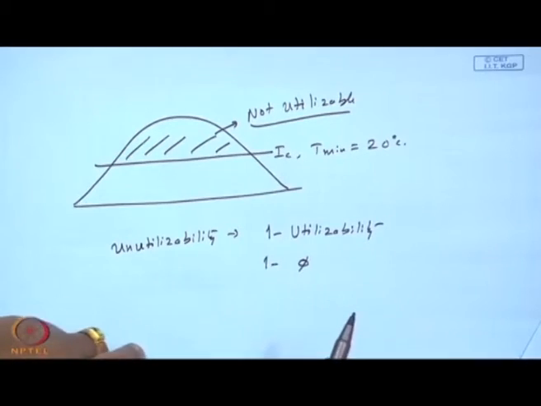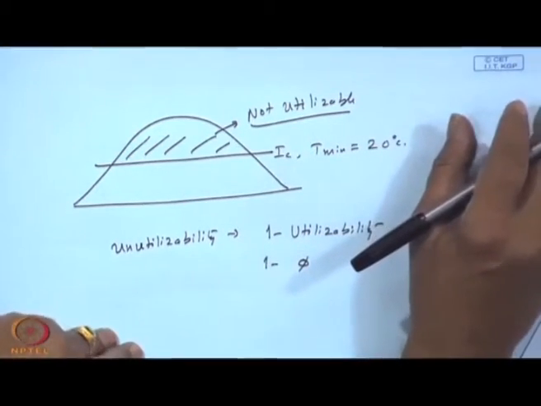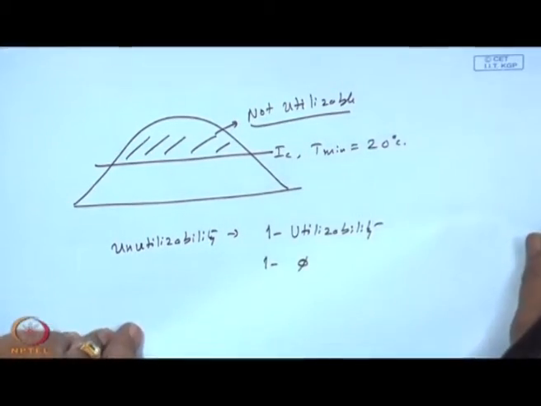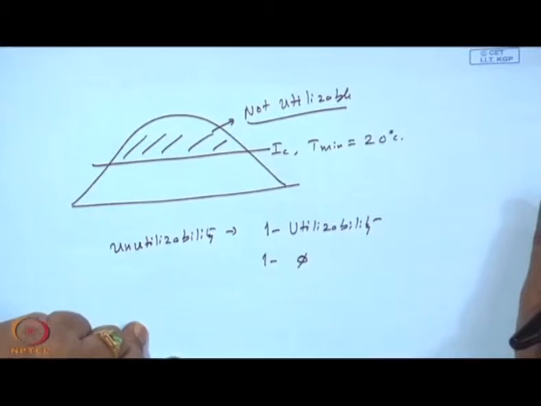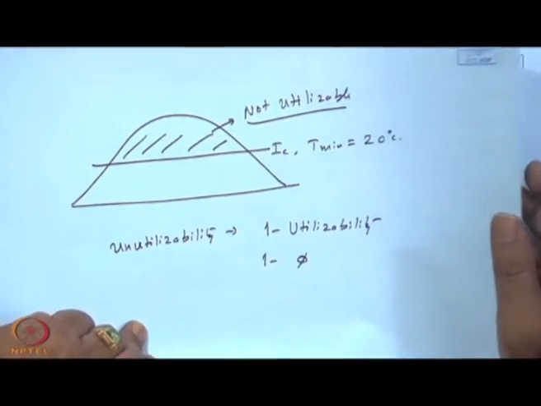On any time scale, if phi is hourly utilizability or for a day or for a monthly average day, then 1 minus phi will be the unutilizability. In other words, the solar radiation above a certain level is not useful in heating my room.